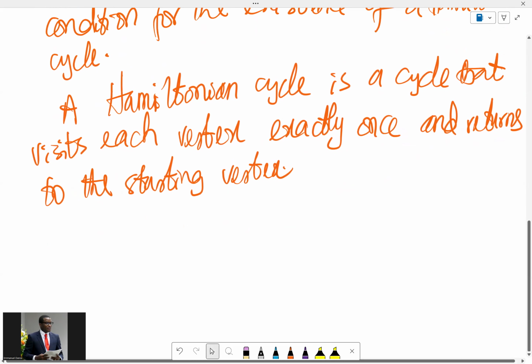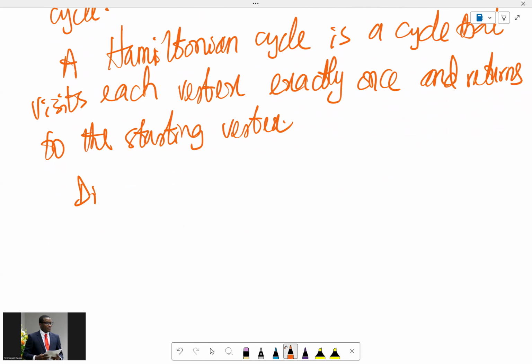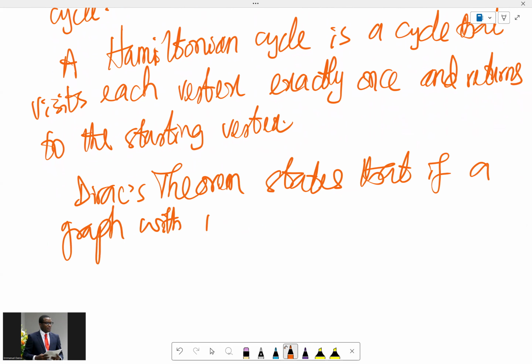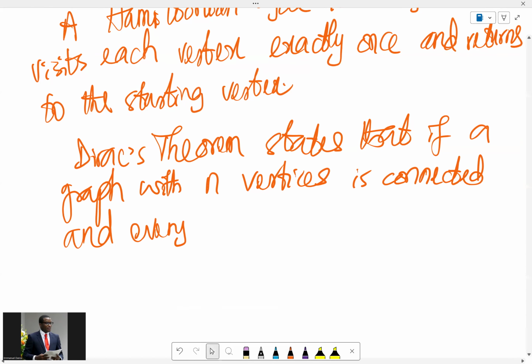Now, talking about Dirac's theorem proper, Dirac's theorem states that if a graph with n vertices is connected and every vertex, you see that connectedness is always a precondition.